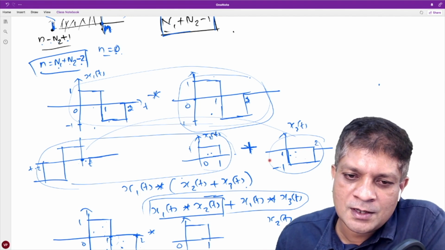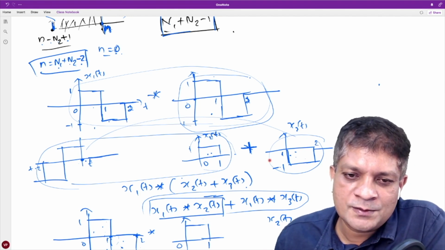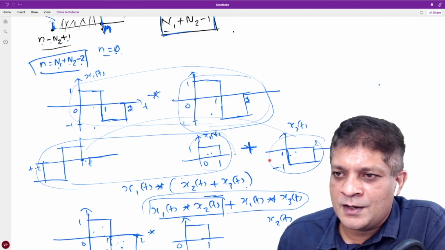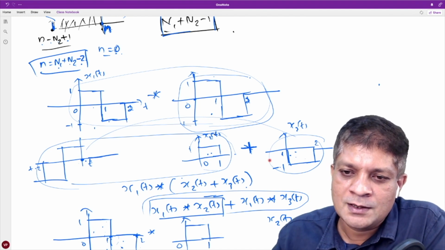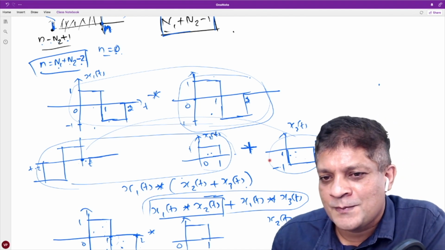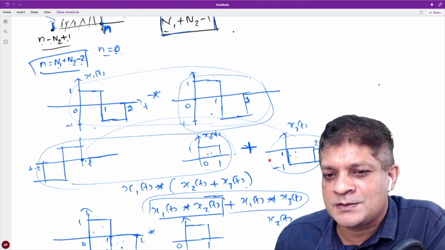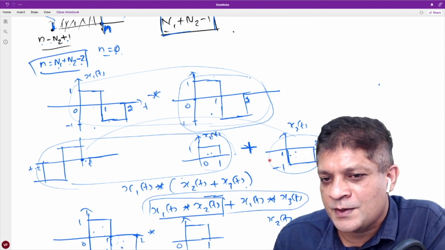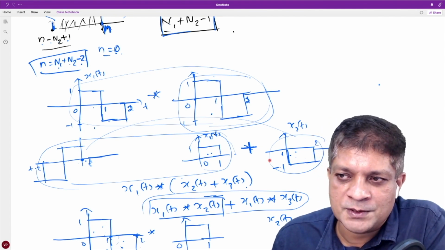I will not mention that you should use the distributive property to simplify this. Your main thing is to identify which property will simplify that convolution. Once you identify that property, then everything is simple.